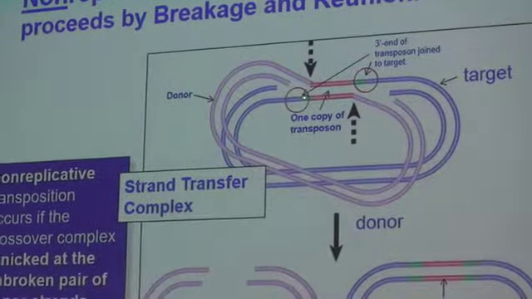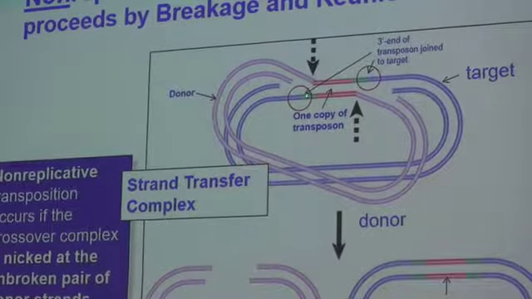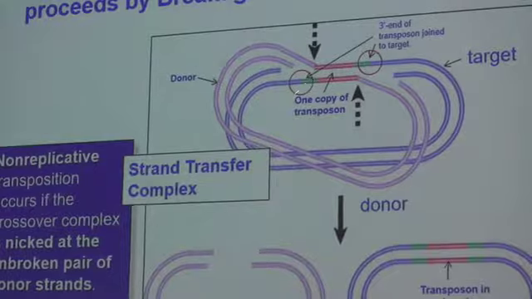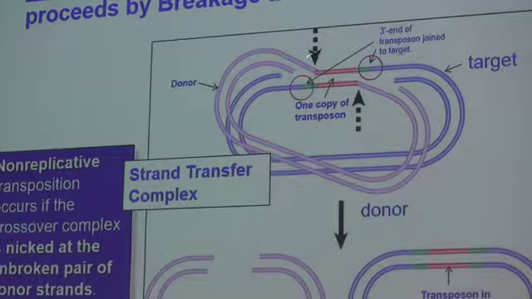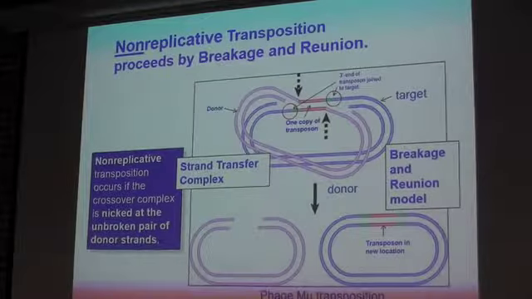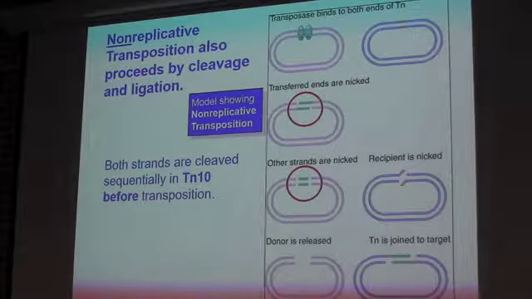The first is where the transposase attacks the target and joins the 3' end, so that's a cut, to the target, and then you have a remaining strand on your donor, which is pink, that has to be cut in sequence. Breakage and reunion. How is that different than cleavage and ligation?